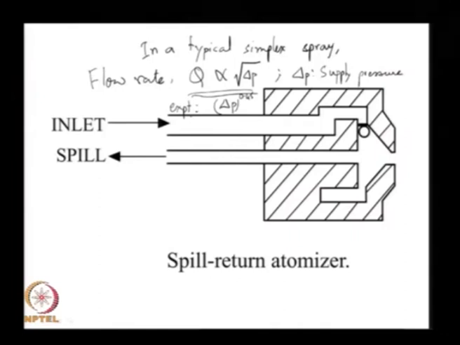There is a problem with this square root kind of dependence: if I increase the supply pressure by a factor of 4, I only get a factor of 2 change in the flow rate. So, if I want to double the flow rate, conversely I have to increase the supply pressure 4 times, which is usually quite difficult to do.